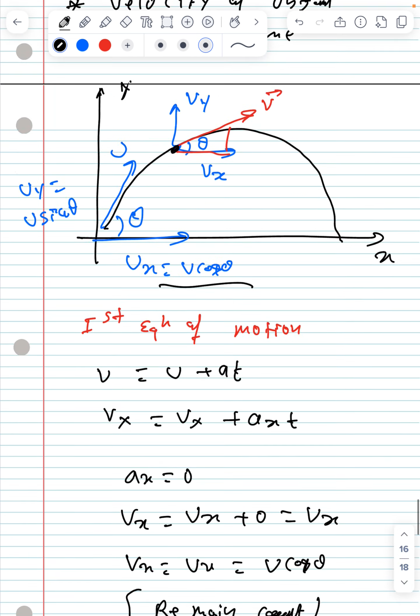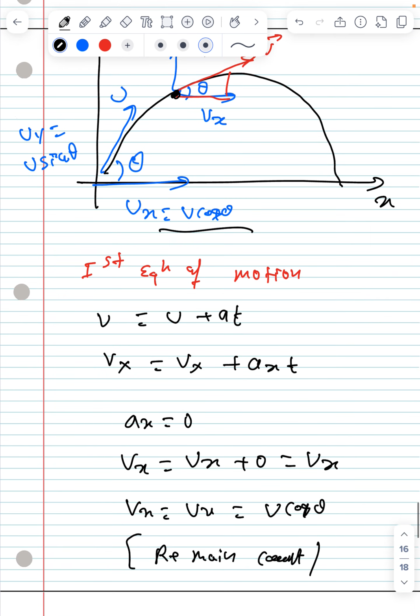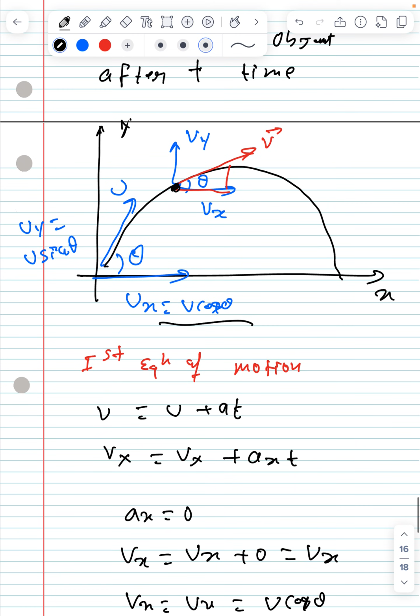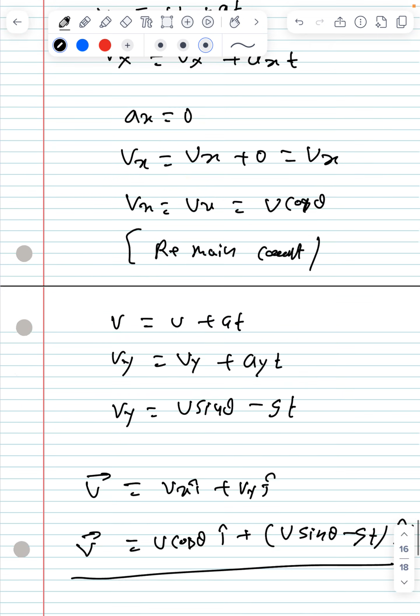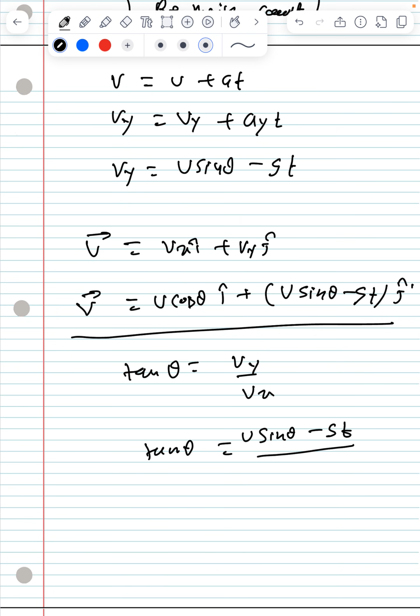This is the vertical component of projectile velocity at this point, and the total vector v equals vx i cap plus vy j cap, so vector v equals u cos theta i cap plus u sin theta minus gt j cap. This is the projectile velocity at this point, just after t time, right?